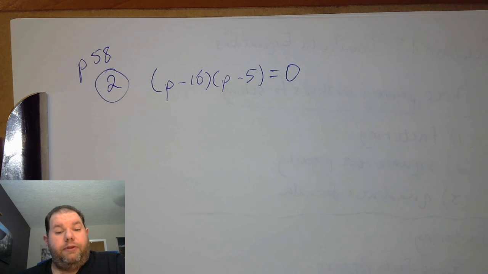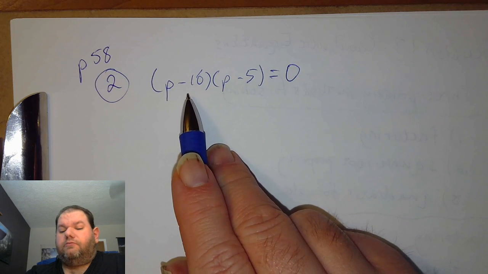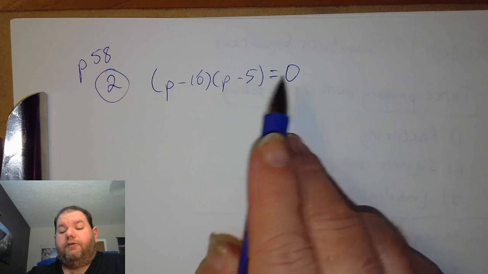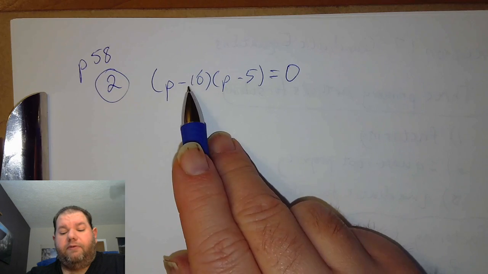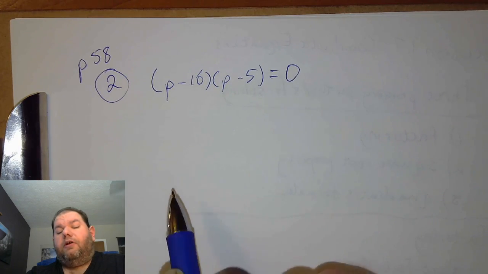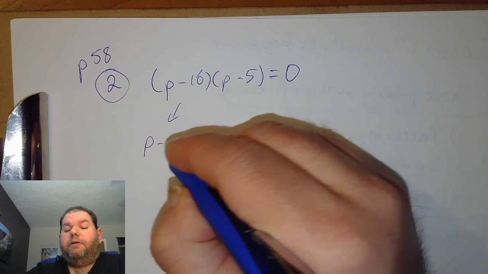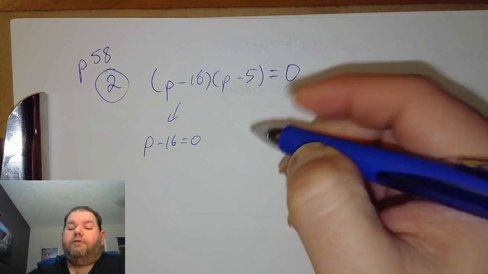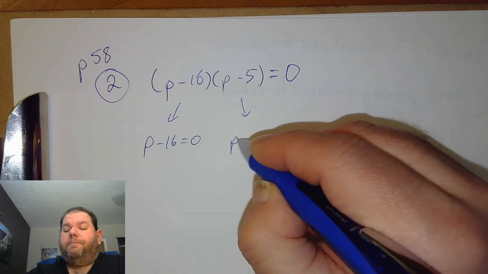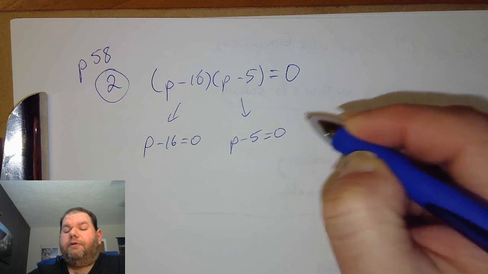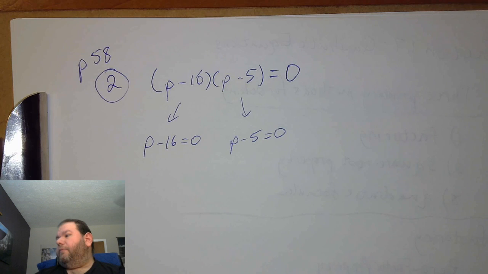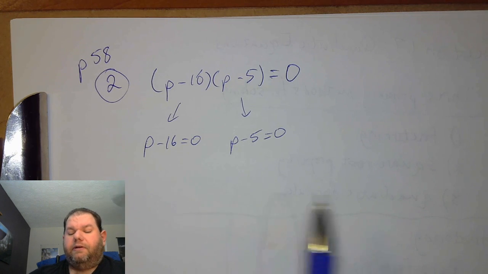And the idea is, with the zero factor property, we know this product is equal to 0, so either the first thing is 0, or the second thing is 0. So we would say p minus 16 could equal 0, or p minus 5 could equal 0. And the question is, how would we solve this equation for p?